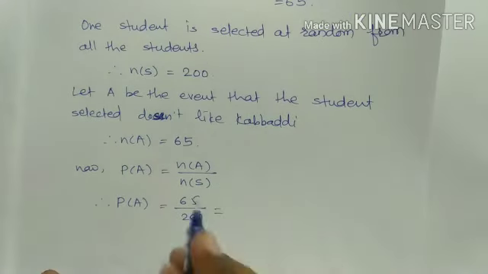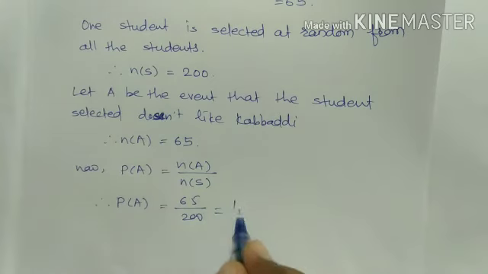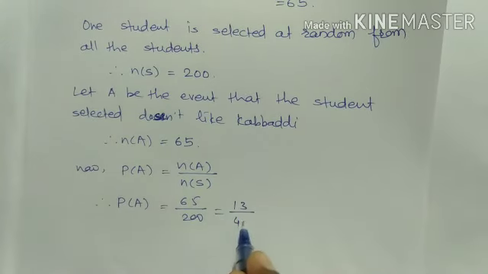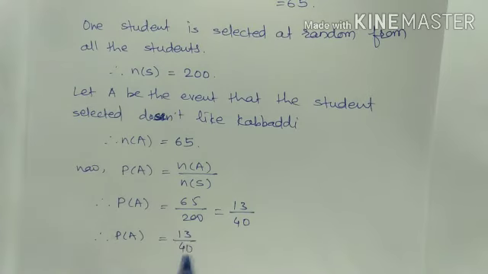Let's divide by 5. 5 1 is 5, 5 3 is 15, 5 4 is 20, 5 0 0. Therefore probability of A equals 13 upon 40.